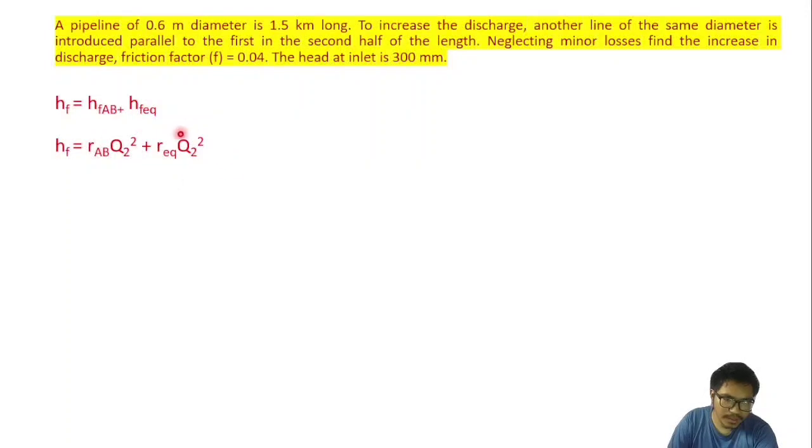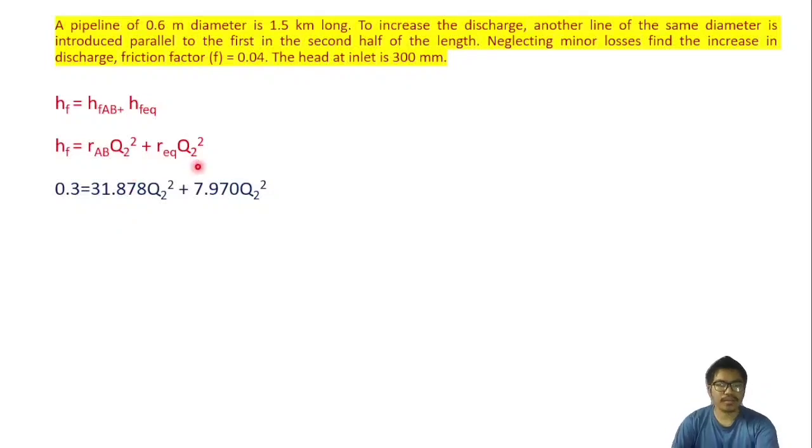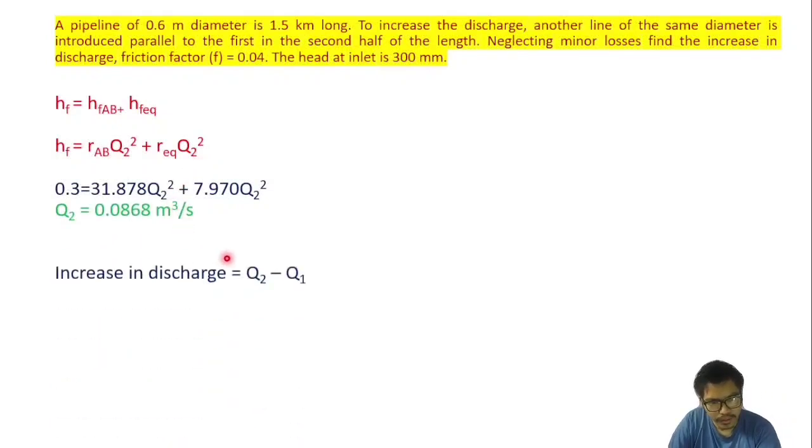Q2 is the discharge. So HF is 0.3 minus 0, that is 0.3, and RAB and R equivalent we have already calculated, so we can find the value of Q2, 0.0868 meter cube per second.